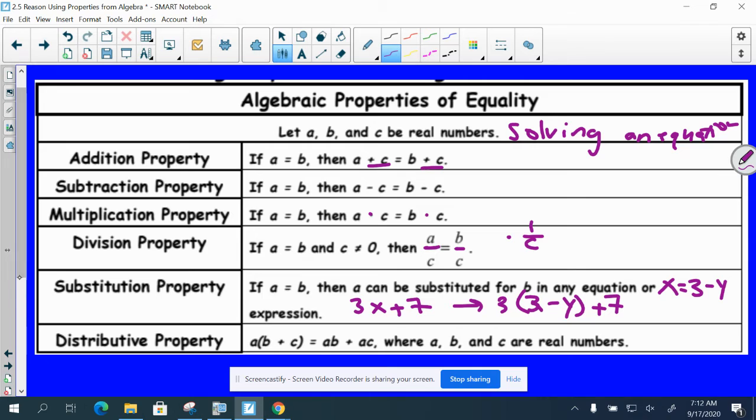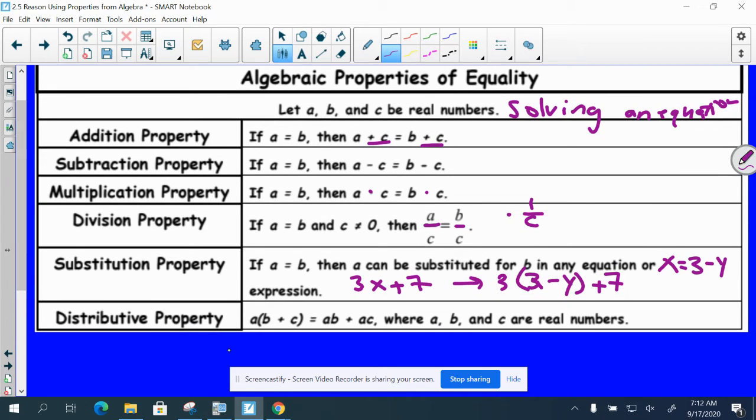Okay, and then the distributive property. I know you're very familiar with this. If you have a number and then parentheses, you can distribute that number into the parentheses if they're separated by addition or subtraction. So that has to be addition or subtraction, and you can't have any exponents.